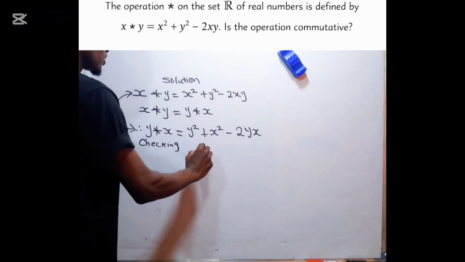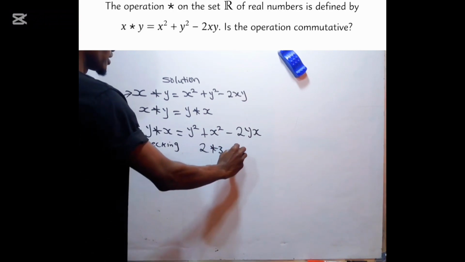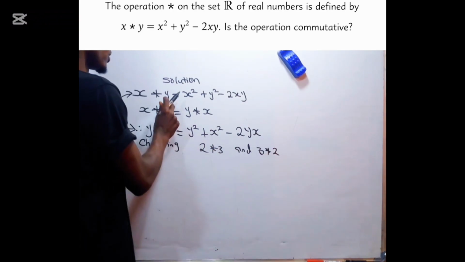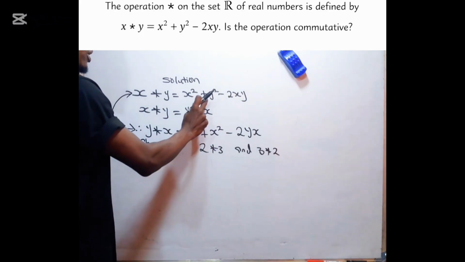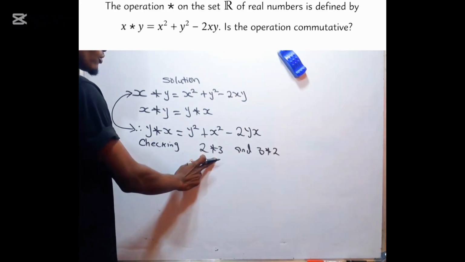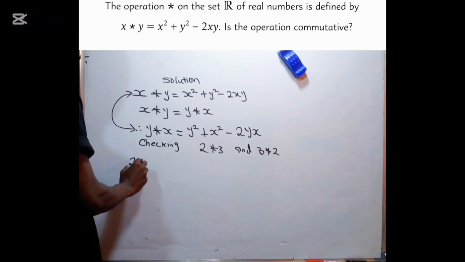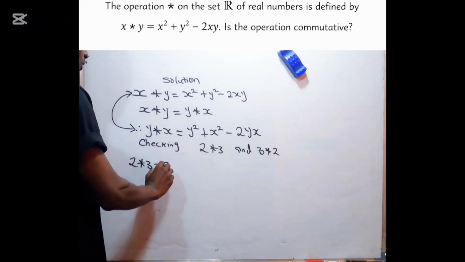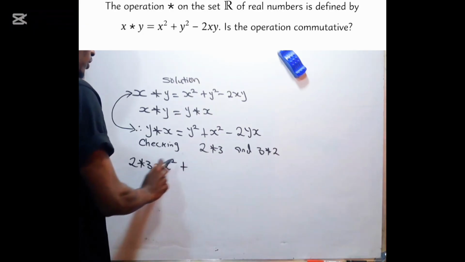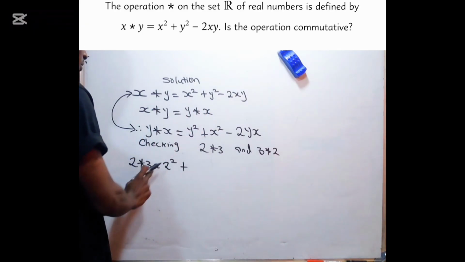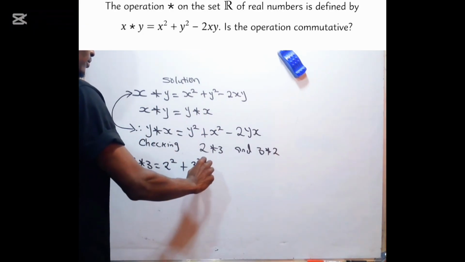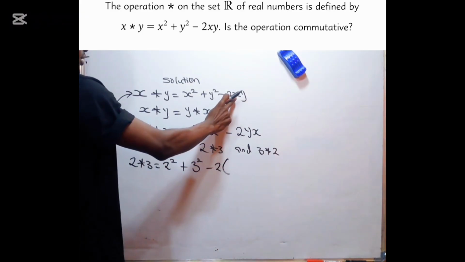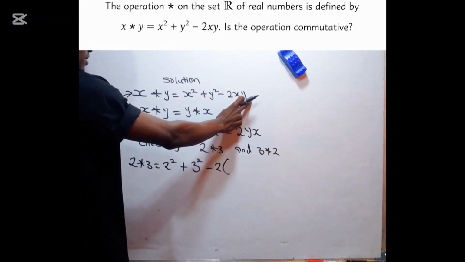Checking also, let's use 2 asterisk 3 and 3 asterisk 2 under this binary operation x squared plus y squared minus 2xy. So for 2 asterisk 3, it is the square of the first term, which is the square of 2, plus the square of the second term, which is the square of 3, then minus 2 times the product of the first term and the second term.